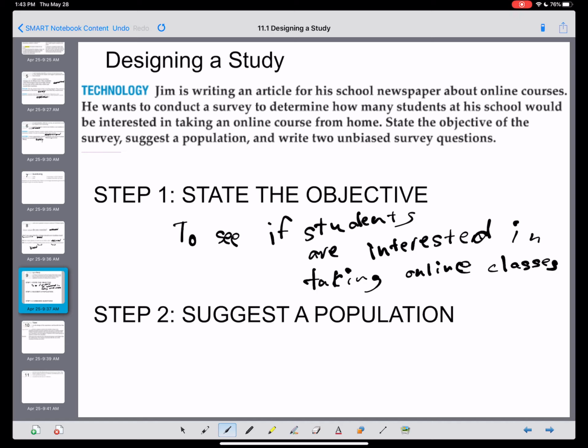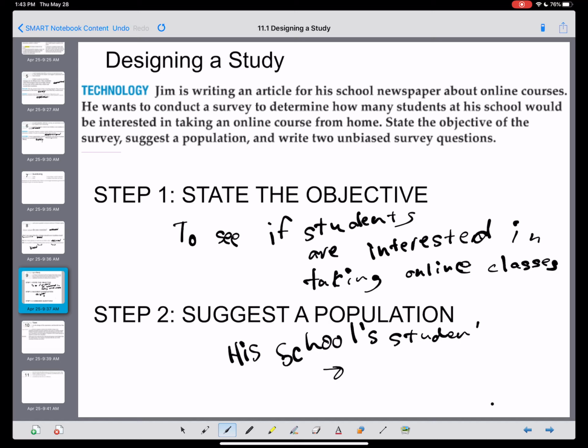Suggest the population. So the population would be random students, or his population would be his school, right? Because that's who he's essentially asking. His school students.